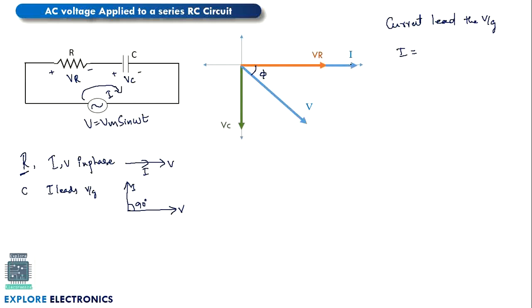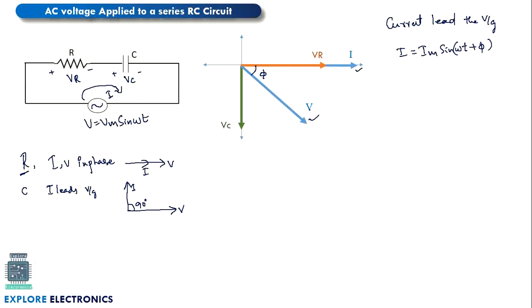So the current and voltage of this circuit differ by angle phi, and current is leading. So I can write the current as I equals Im sin(omega t plus phi), since it is leading the voltage. Current is leading, voltage is lagging.